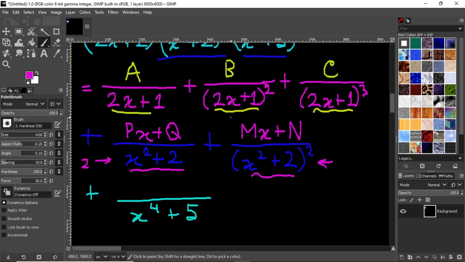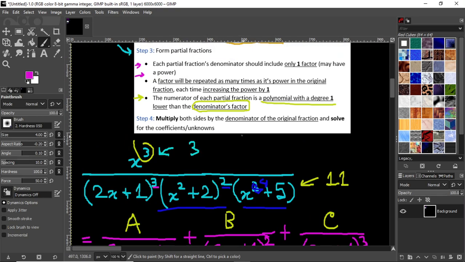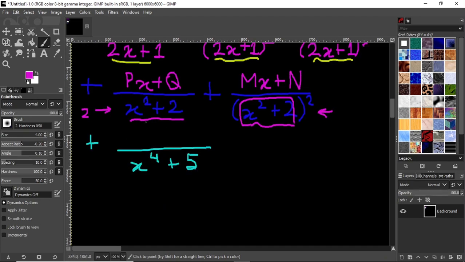I really tended to get confused about that. As I said, what order the numerator is only depends on the factor here, not the power. The power is irrelevant.